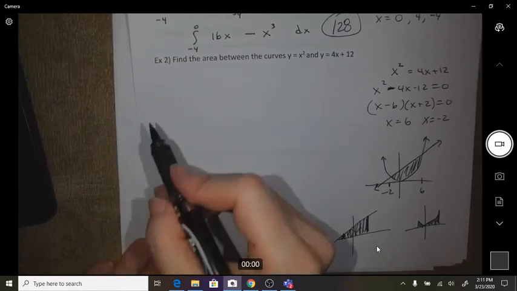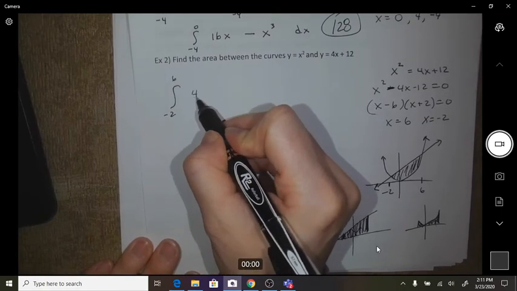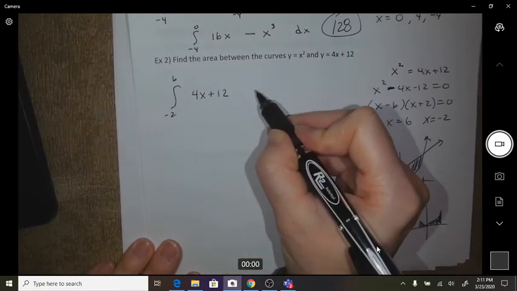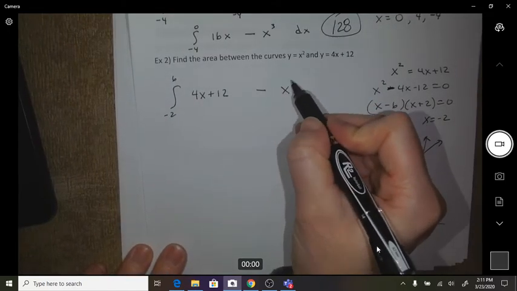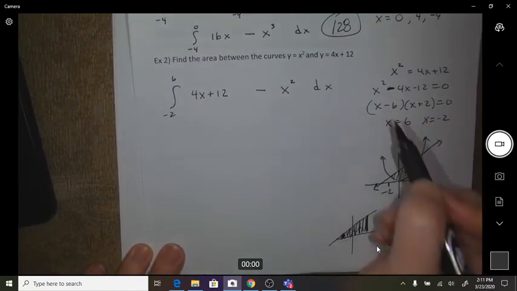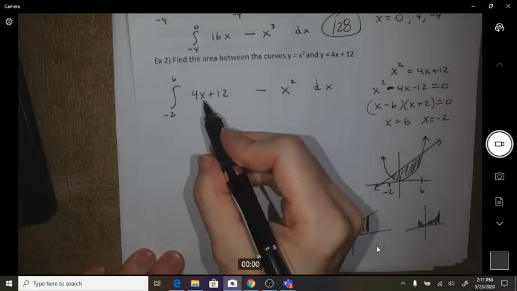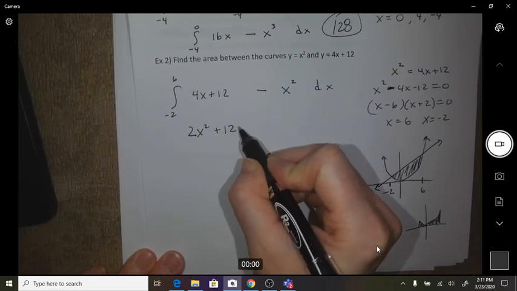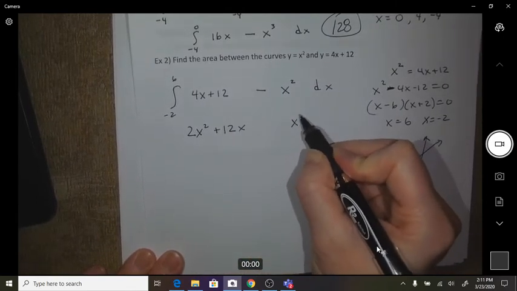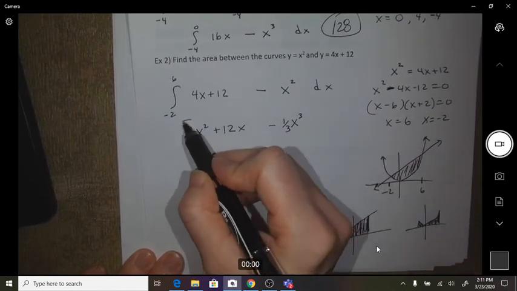Okay, so the area from negative 2 to 6 under that line, and then I could do these in two separate integrals, but this I could also put together. Okay, so anti-derive: x squared is 2 times, 12x. This would have had a cube, therefore I need a 1/3 in the front.